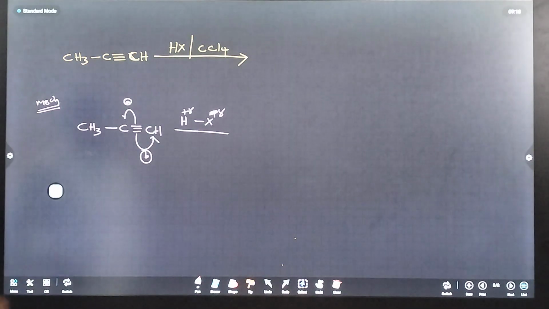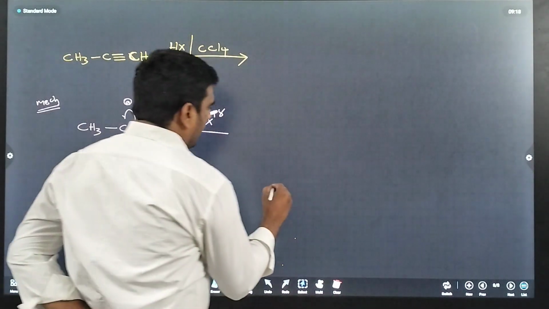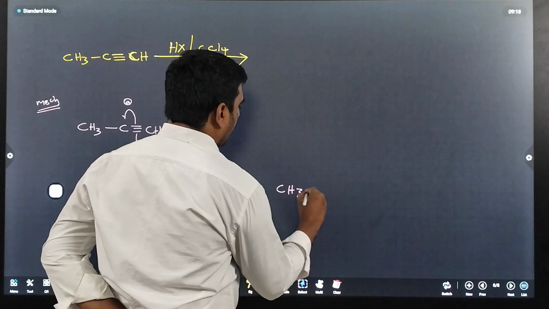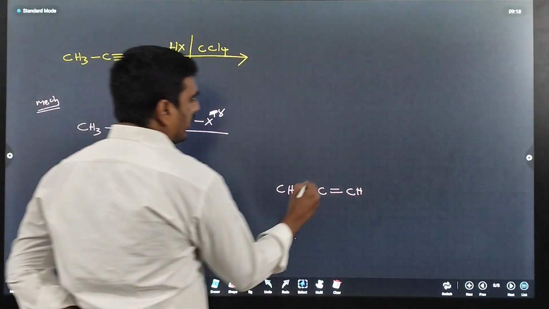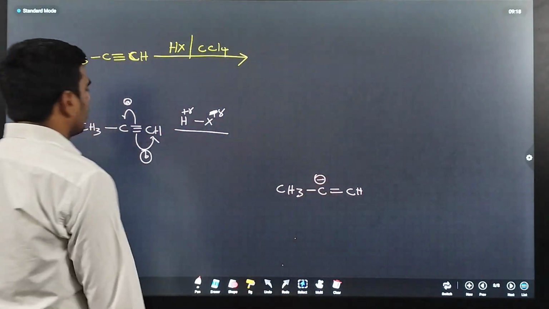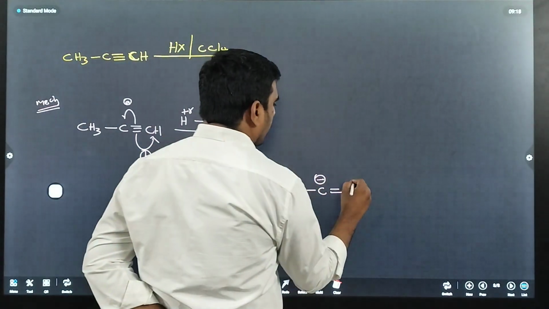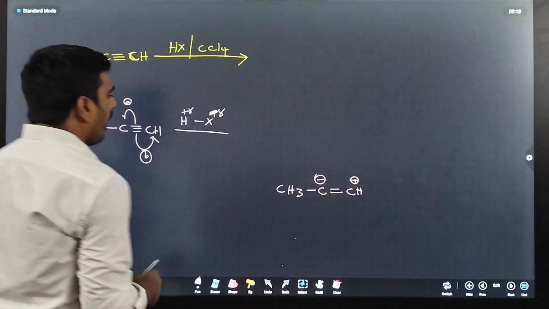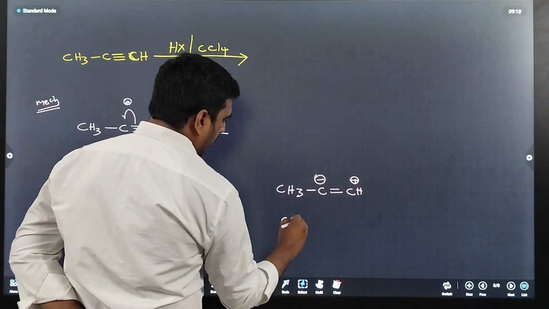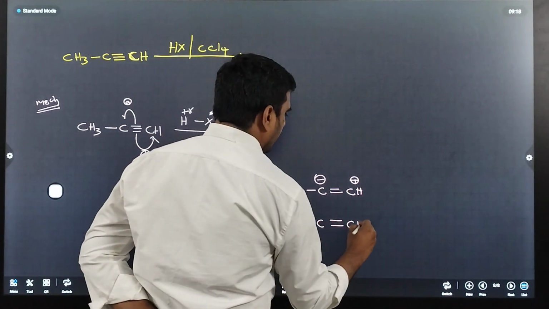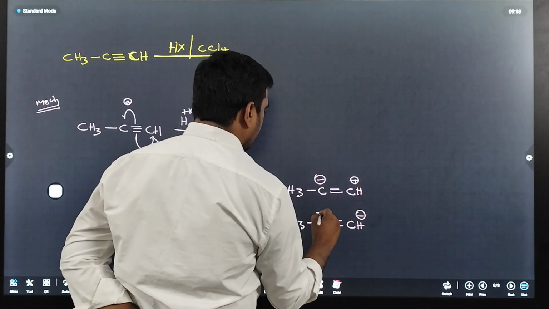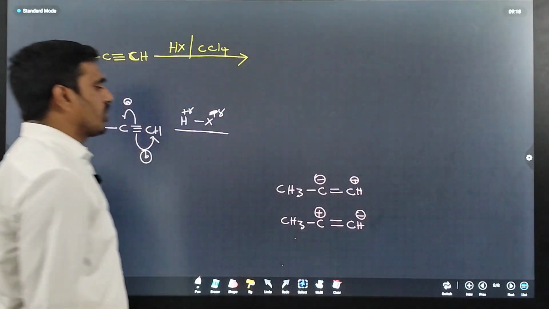So I can write for A possibility CH, double bond CH, where this carbon gets negative charge and this carbon gets positive charge. For B possibility, CH, C double bond CH, where this carbon gets negative charge and this carbon gets positive charge.